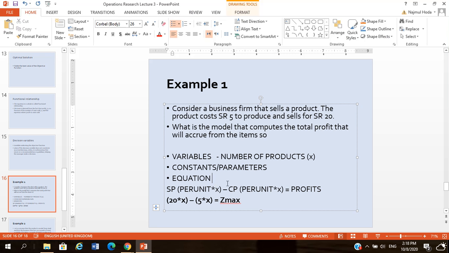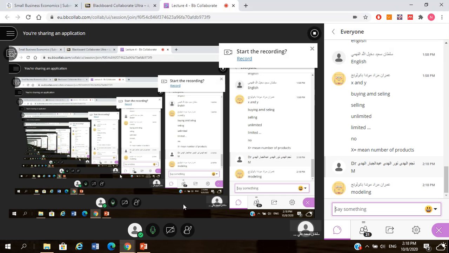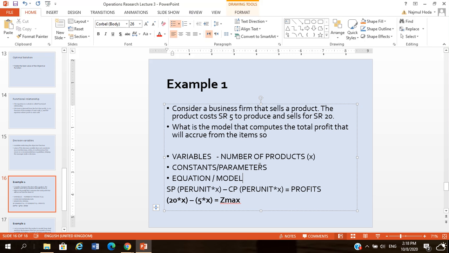This is the model. Okay, this is the model. So, an equation is more technically called a model in our case in OR, and what we have done is modeling. We have converted the problem into a mathematical equation, which is a model for us.